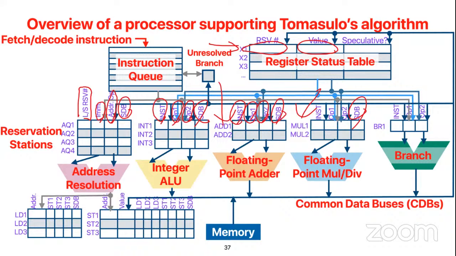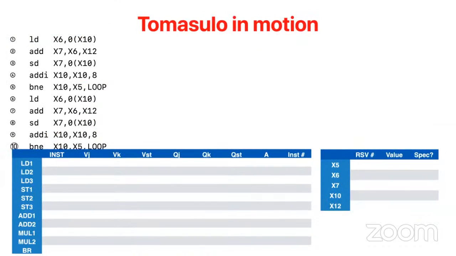So let's have a walkthrough of the Tomasulo algorithm for this piece of code that we just saw. In the very beginning, we still assume that all the instructions are already fetched and decoded. And now in the pipeline, we can only decode and dispatch one instruction at a time.